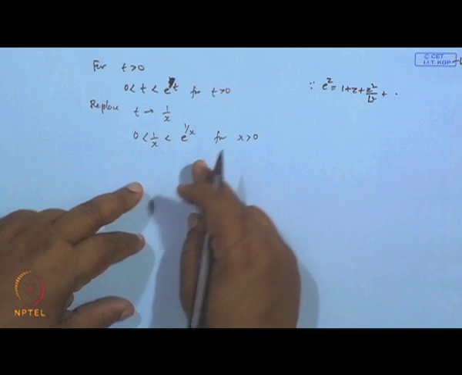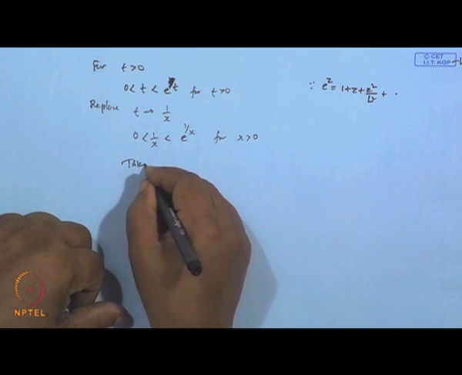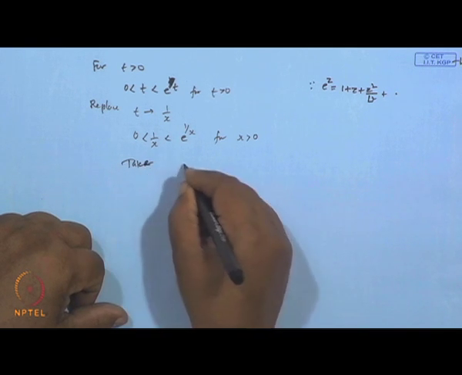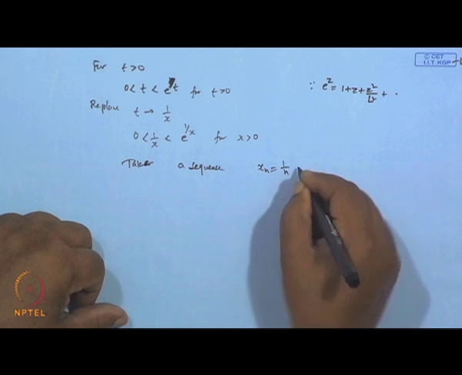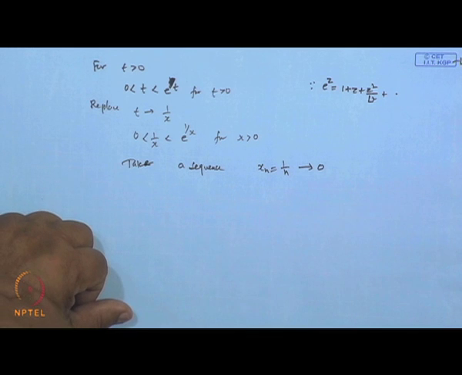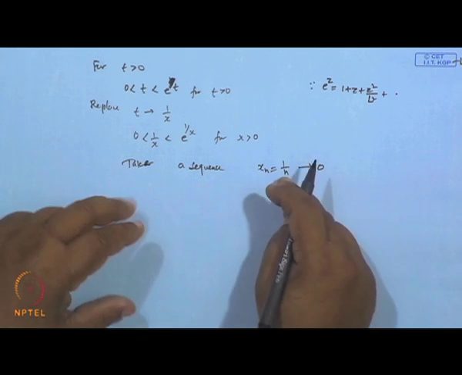Now, if we take a sequence x n, say 1 by n, which goes to 0, so this x n goes to 0.